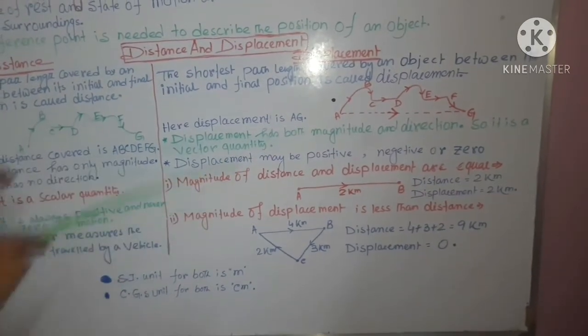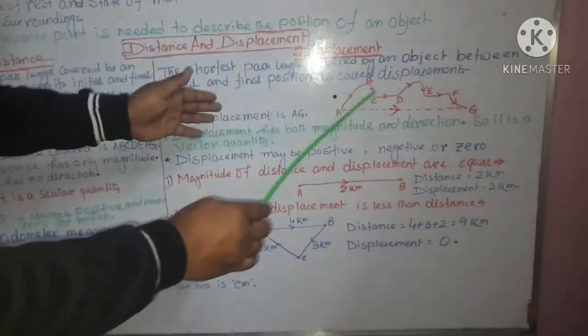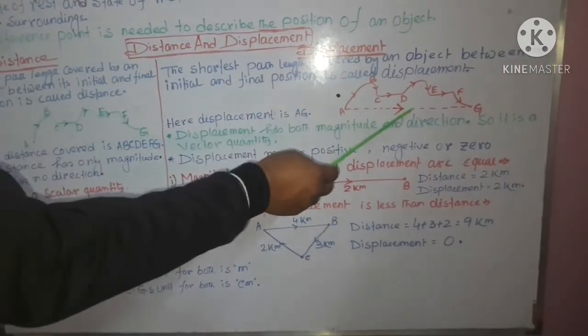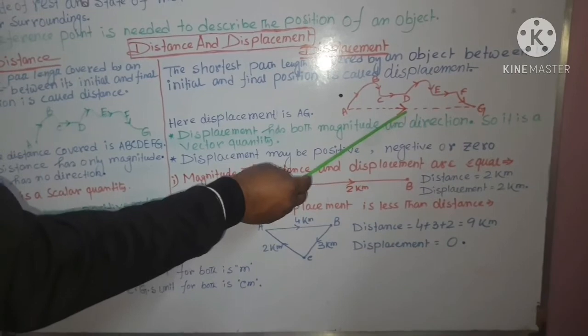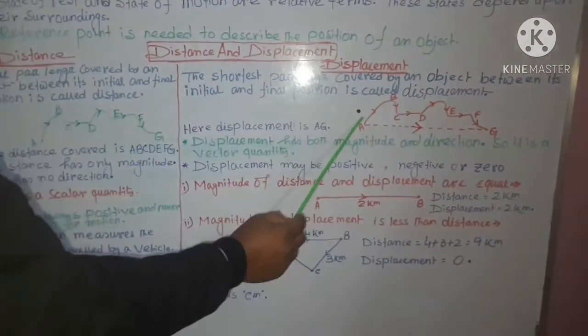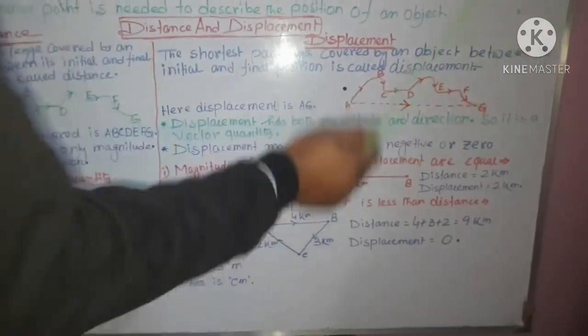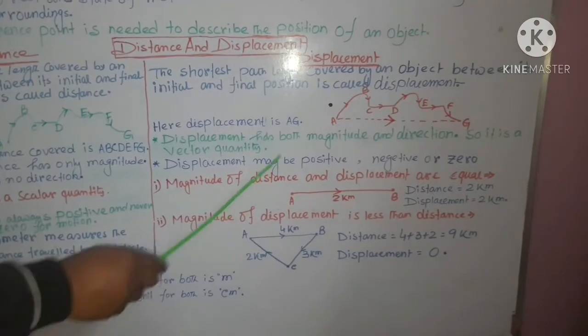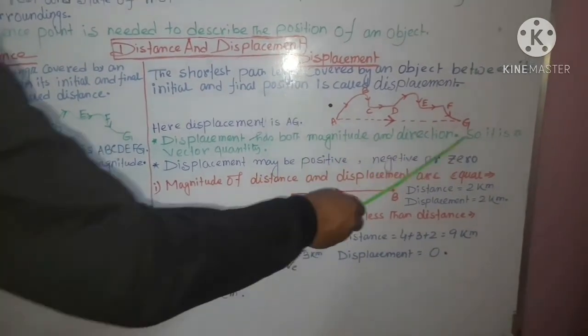Now one thing you have to remember very carefully: whenever you measure the displacement, the direction is important. The direction is from initial to final position. So displacement has both magnitude and direction.